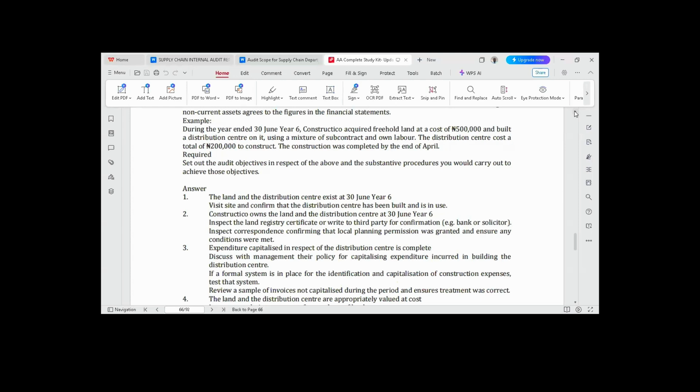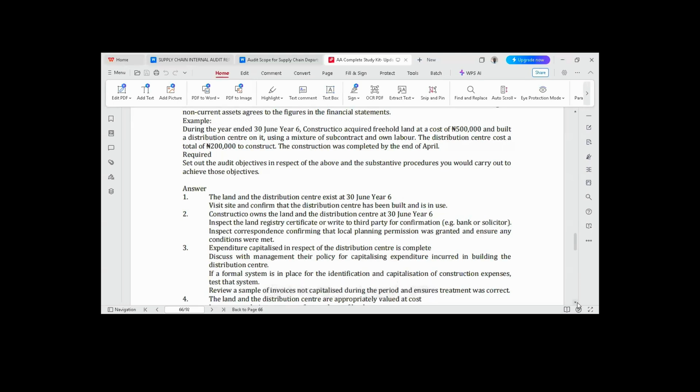And some organizations will tell you that anything above 100,000, they are going to capitalize it. So it varies according to the organization. Then you need to review a sample of invoices not capitalized during the period and ensure the treatment was correct.